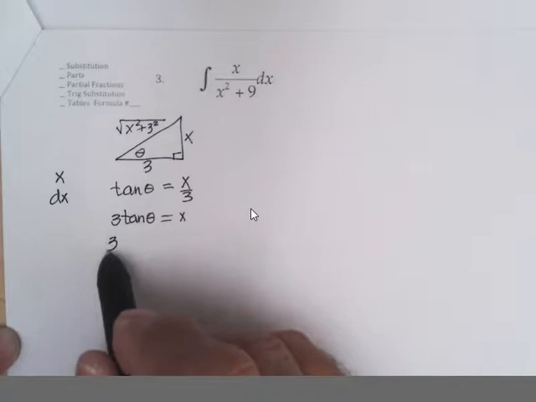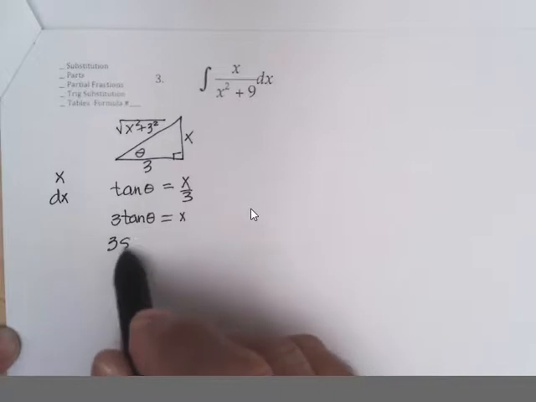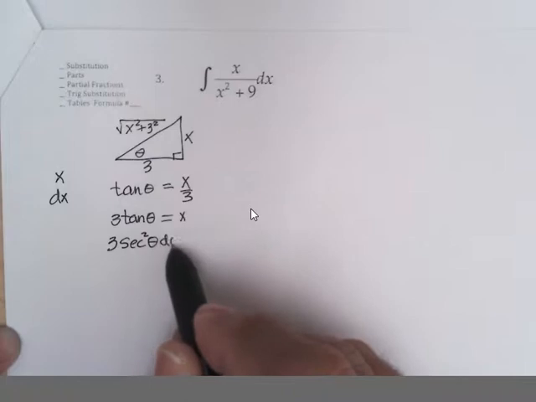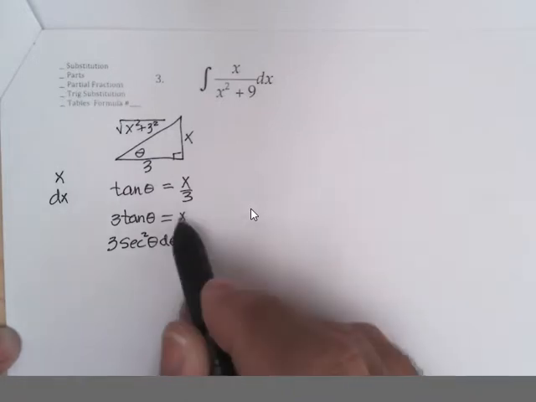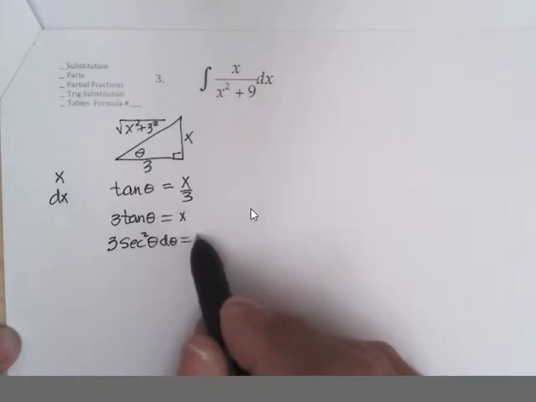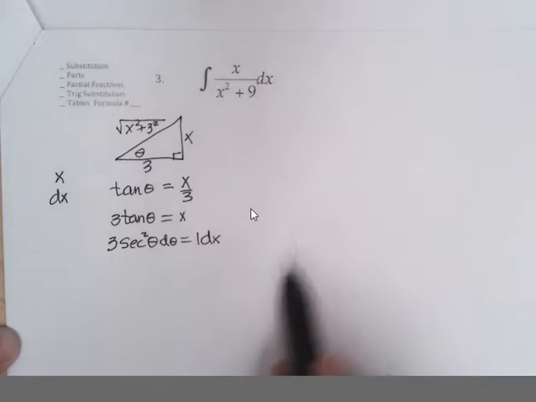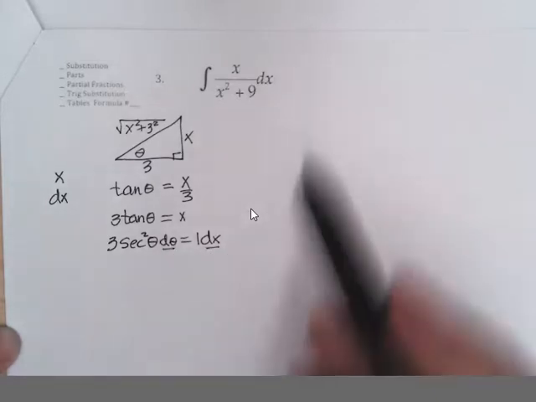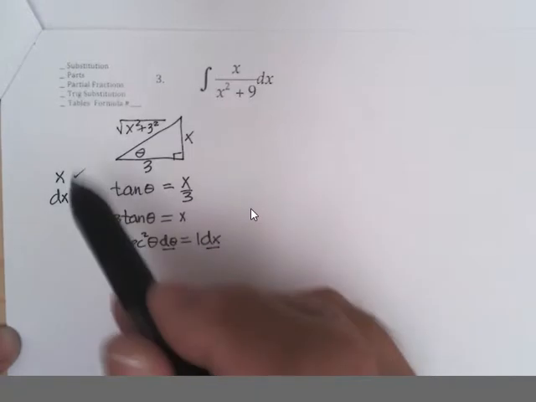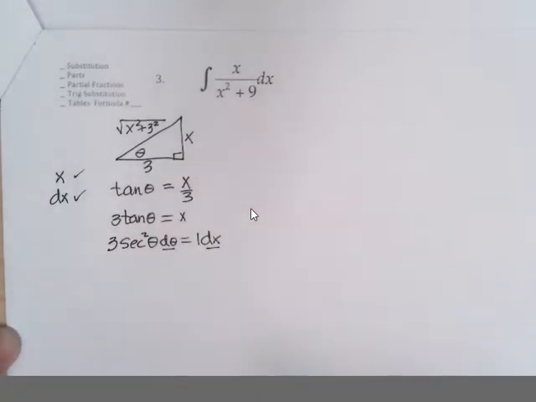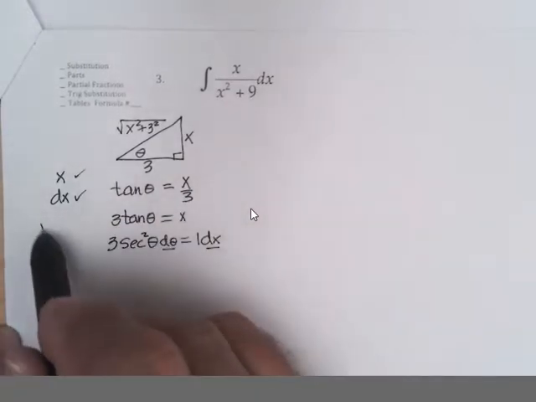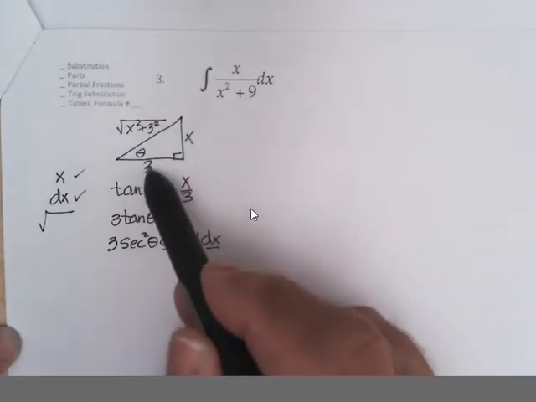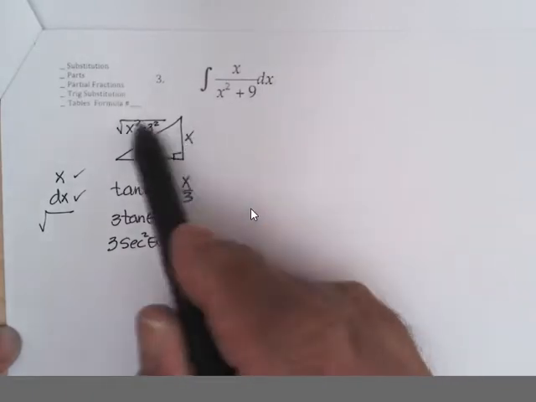And so we get 3, and the derivative of tangent is secant squared theta d theta, and the derivative of x is 1 dx. Need to have the d theta and the dx in it. So I have an expression for x, an expression for dx. Now I need an expression for the square root. Now I can do the square root with the 3 or the square root with the x.